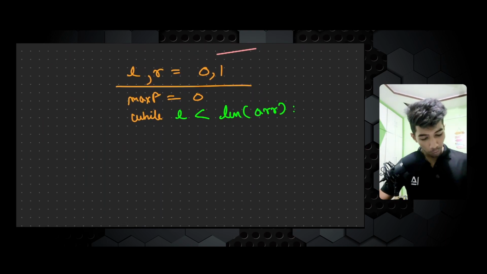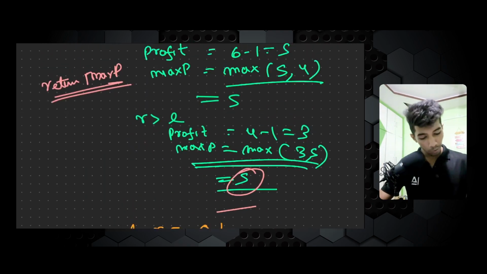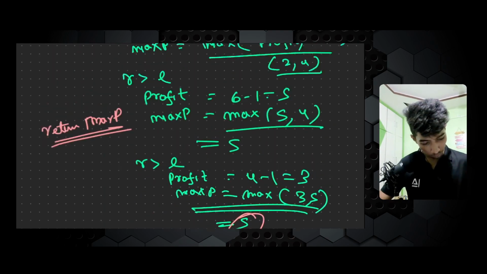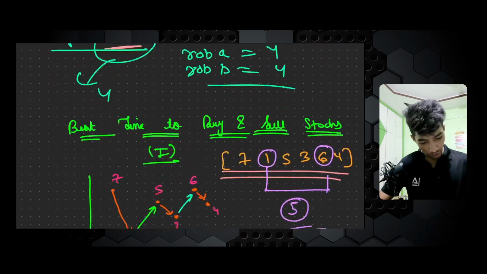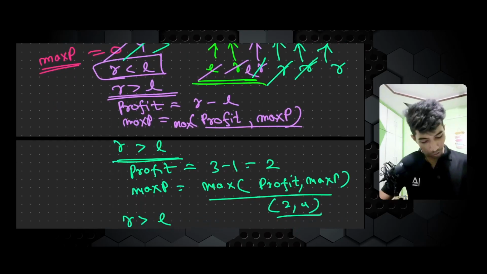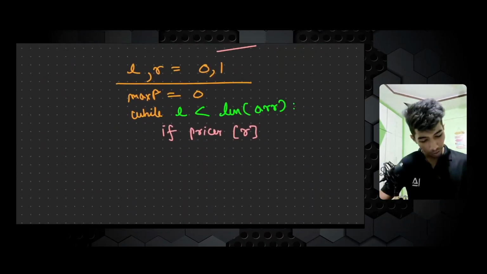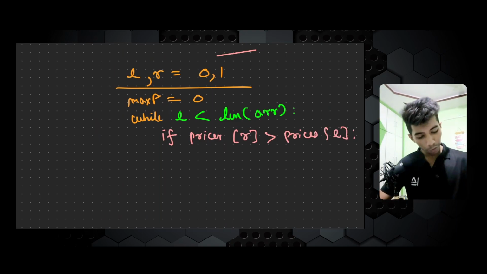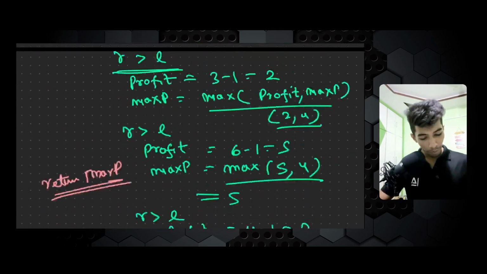So now what I will do, in the first case I will just check over here that if my prices of R, you can see over here and above what we are doing, if my prices of R is greater than prices of L, then what will be my particular step to do?